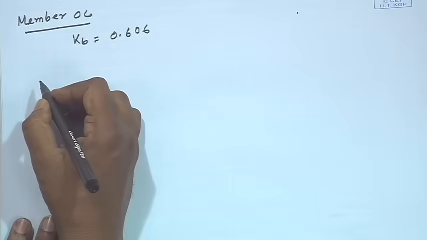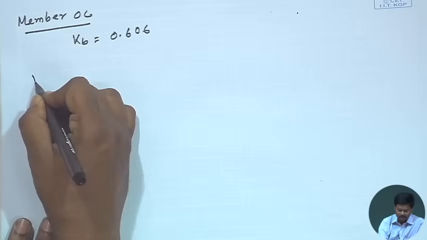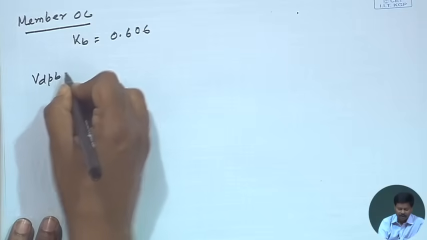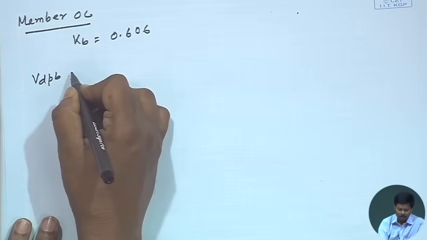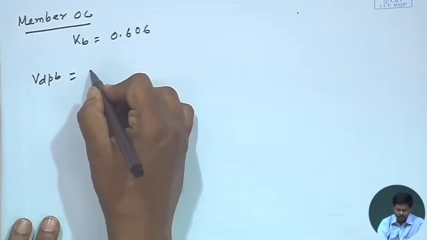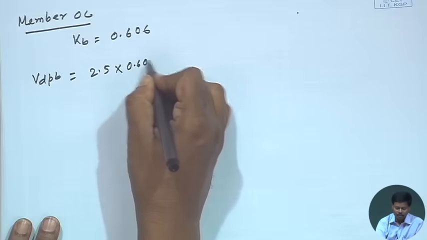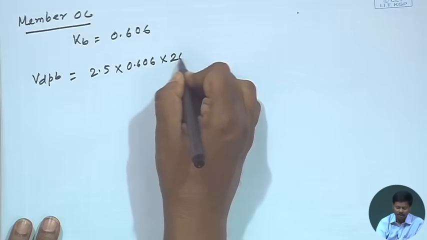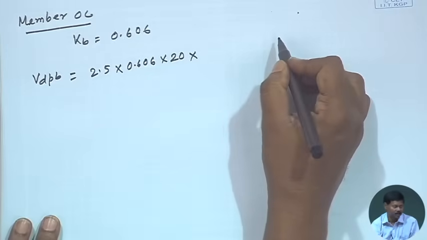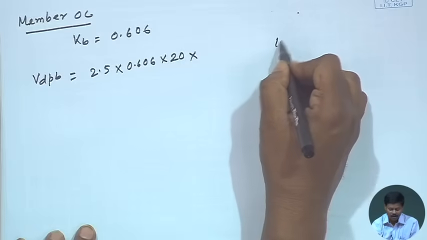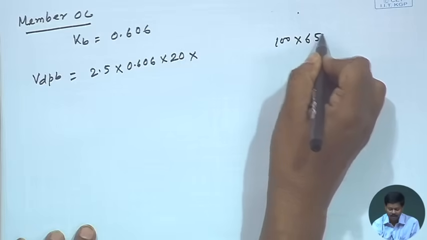So, the kb value will be the same for all the cases. So, we can find out the bearing strength Vdpb, the bearing strength of the bolt, as 2.5 into kb into d, d is 20, into t.